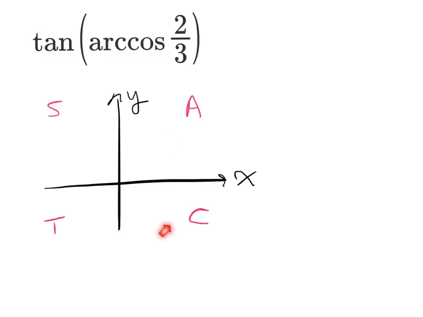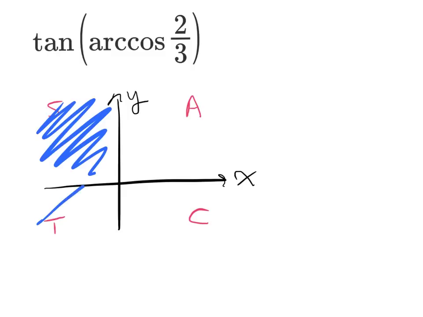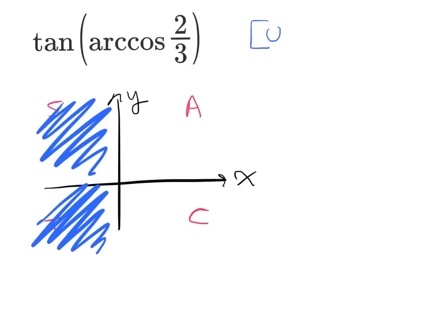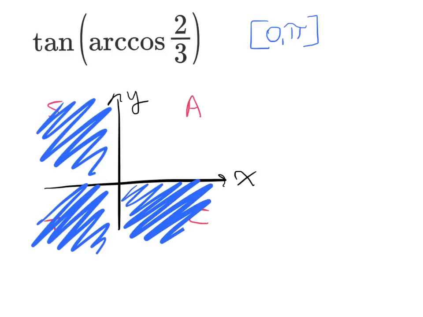So I'm going to rule out quadrant 2 and quadrant 3. We also know that the range of arccos is 0 to pi, right? That's 0 to 180, so that would be quadrant 1 and quadrant 2. So that rules out quadrant 4. So our angle must be in the 1st quadrant.